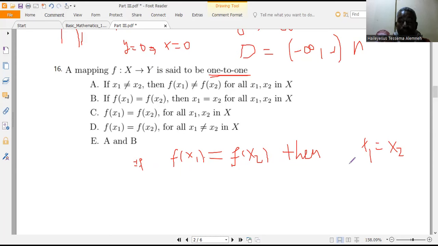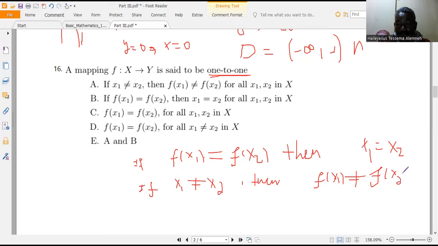So we can write the contrapositive of this statement: if x1 is different from x2 in the domain, then f of x1 is different from f of x2. Those two are the definitions for a one-to-one function.